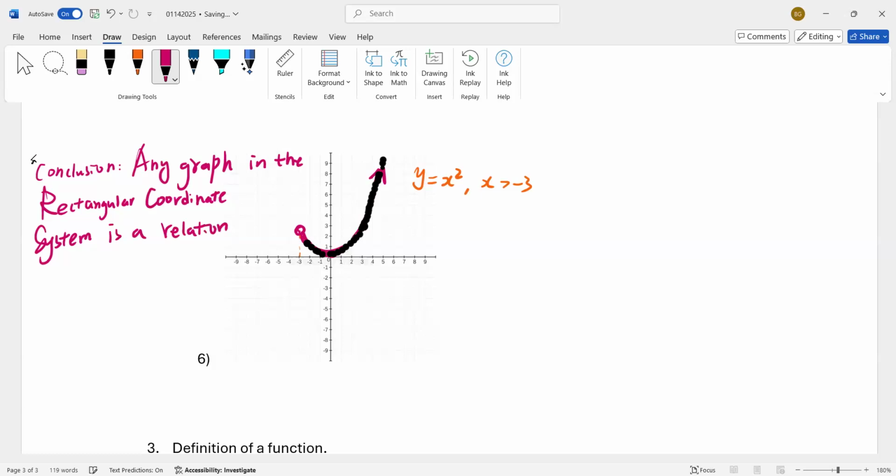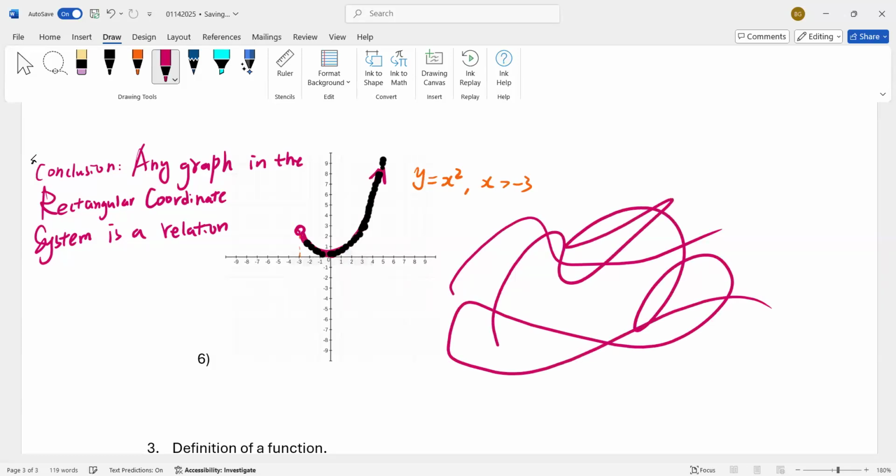Okay, let me explain why if you don't see it yet. Any graph, like this graph, I can draw many different types of graphs, right? Those graphs are just a bunch of points. Those points are ordered number pairs.